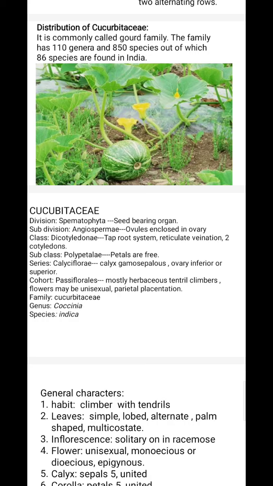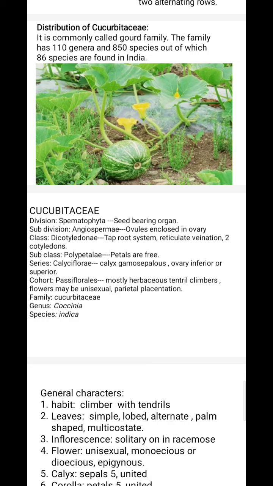That means the calyx are in the fused condition. Then ovary inferior or sometimes superior. That means above the ovary the calyx, corolla, and other floral parts are arranged.